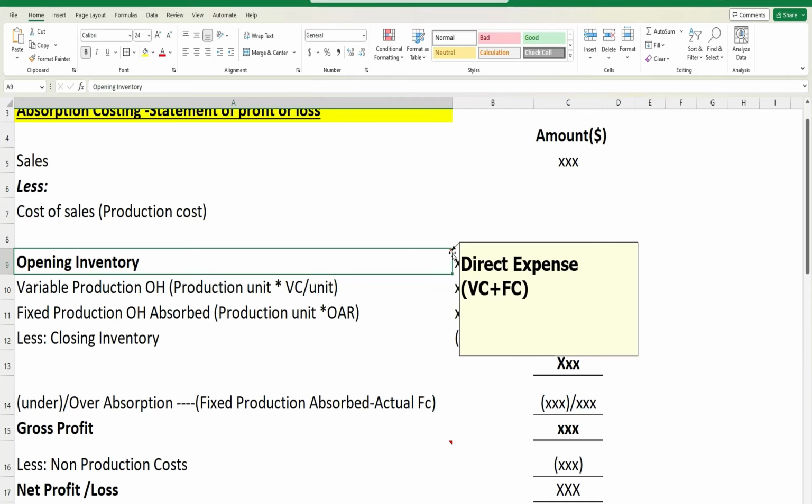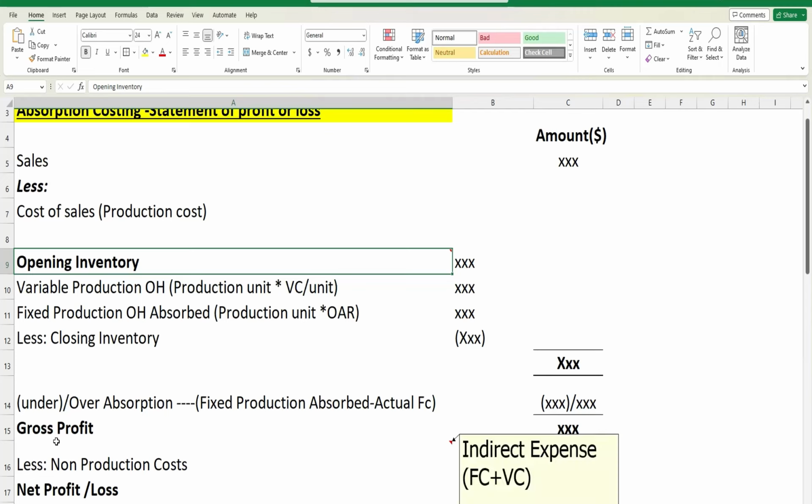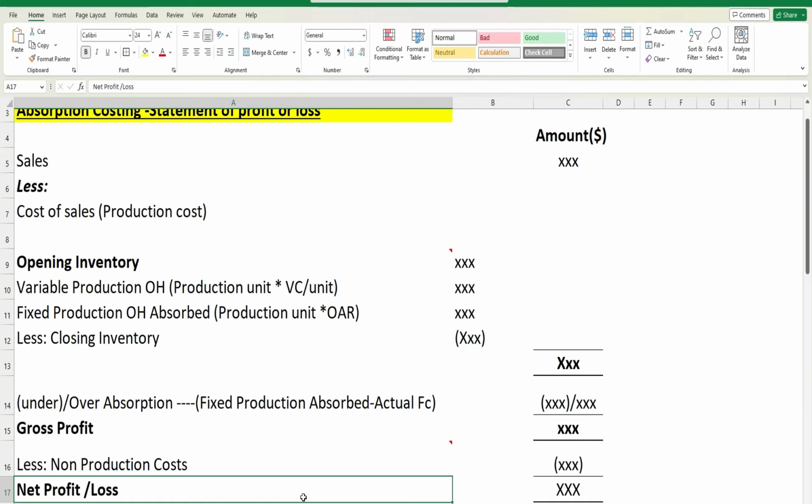Whatever cost is above the gross profit is production cost, and it includes both fixed and variable cost. Below the gross profit, it only includes non-production cost, both variable and fixed. So here we arrive at the net profit or loss. I hope this is clear.